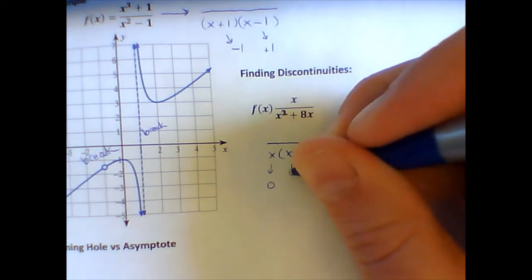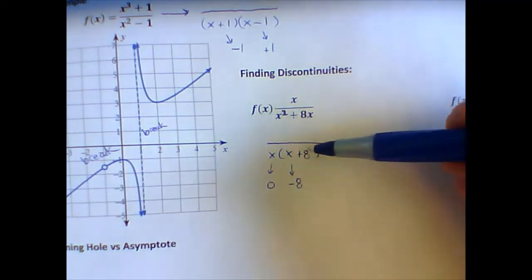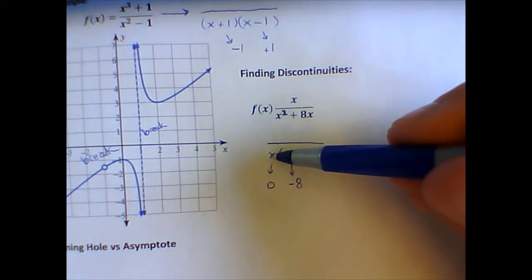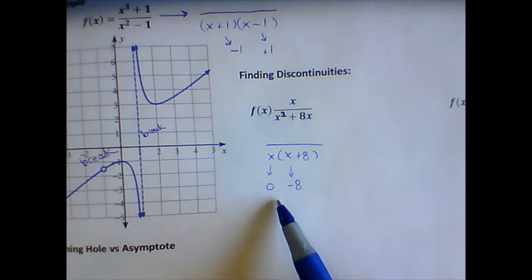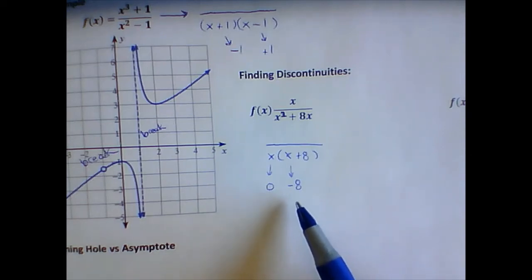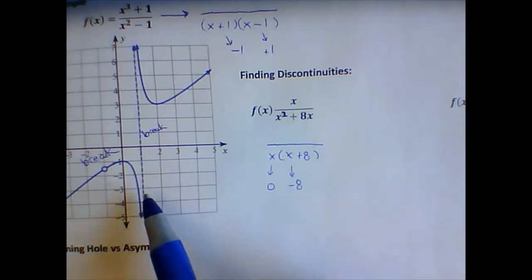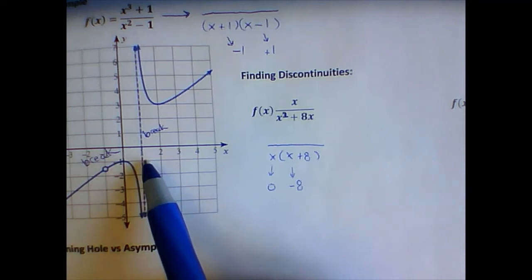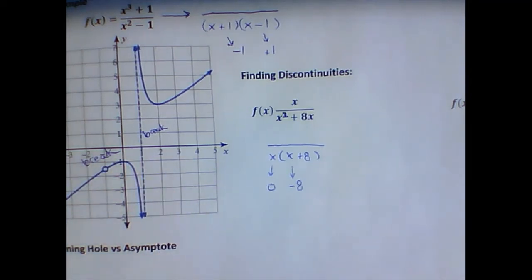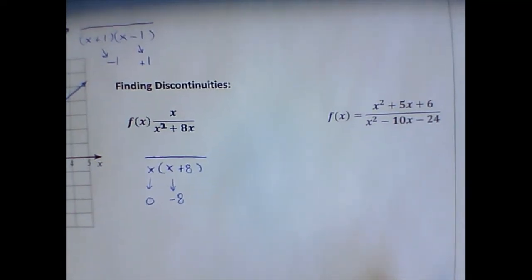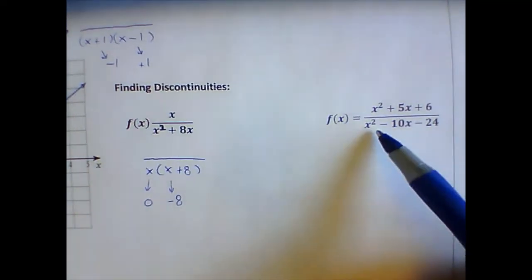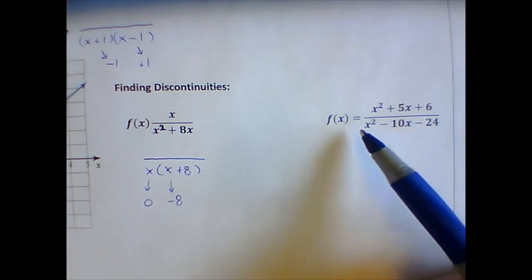So +8, what could cancel that? A -8. Remember, you look at your variables. So those are the discontinuities. They are also the excluded values. They fulfill both roles. And at those points, if we were going to graph it, at 0 on the x and -8 on the x, something weird would happen to the graph.